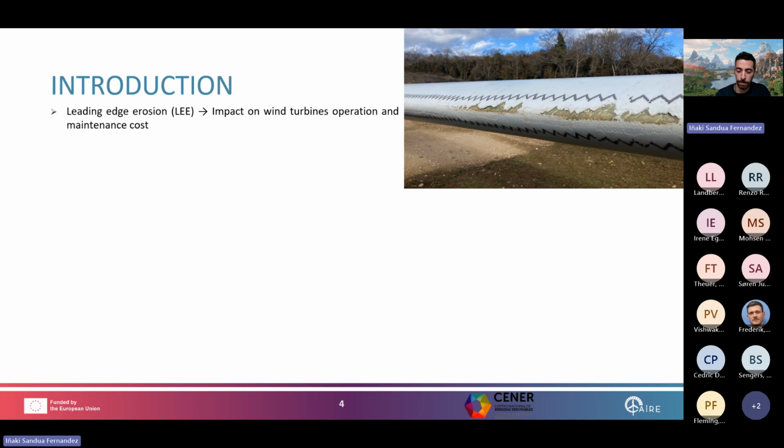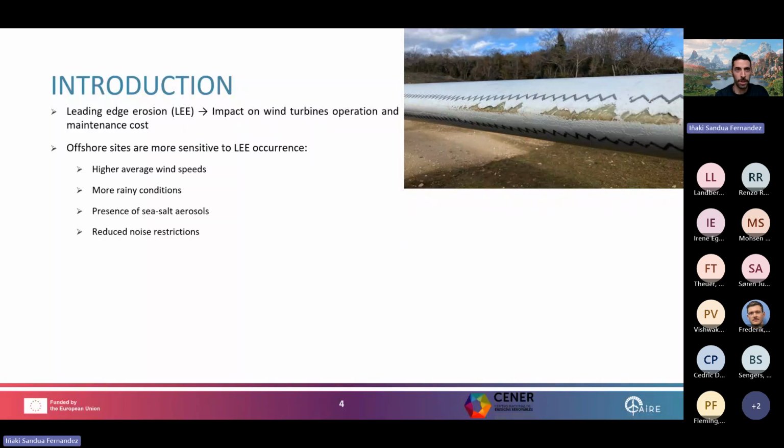Leading edge erosion, as its name suggests, and you all probably know, is erosion that appears in the leading edge of a blade due to particles that are suspended in the wind, like dust or rain, for example. And it can have a relevant impact not only on the power production of a wind turbine, but also on its operation and maintenance cost.